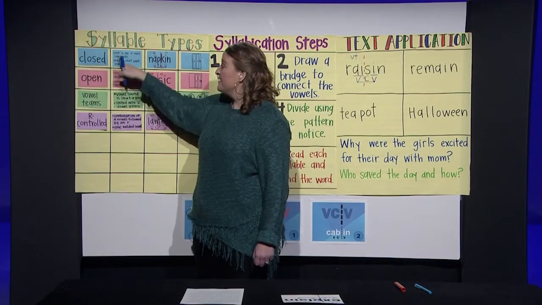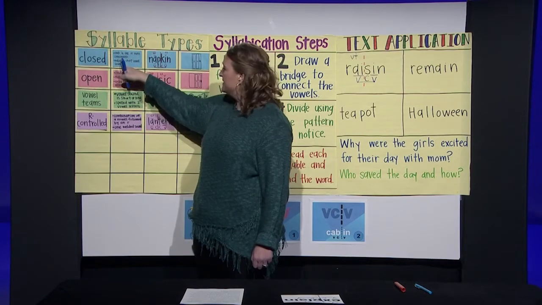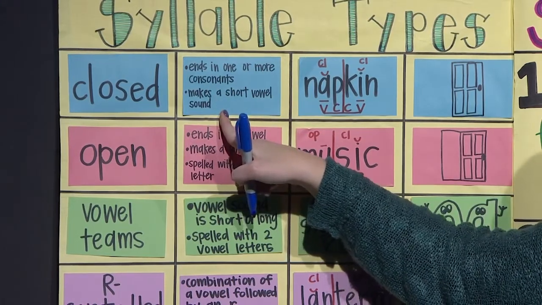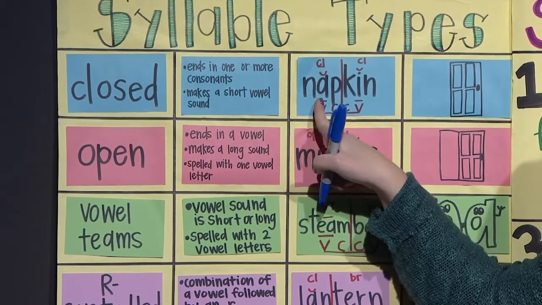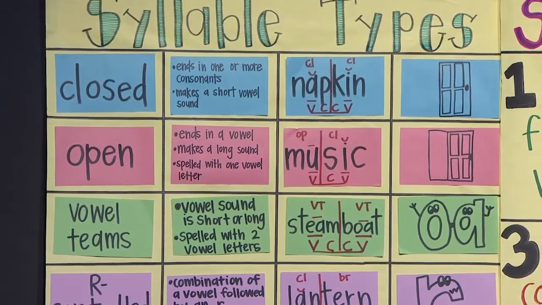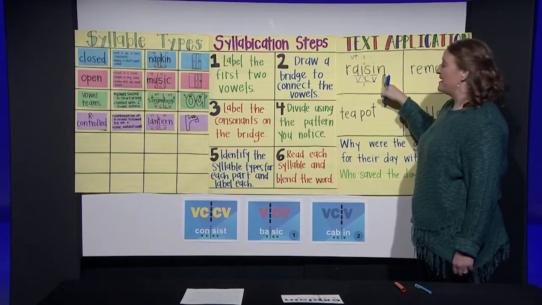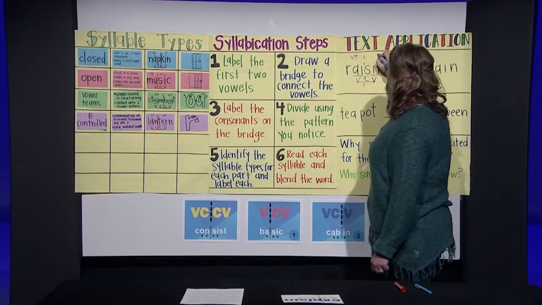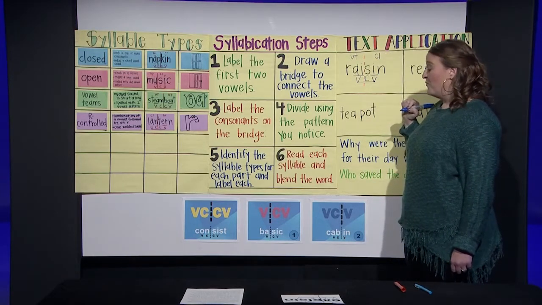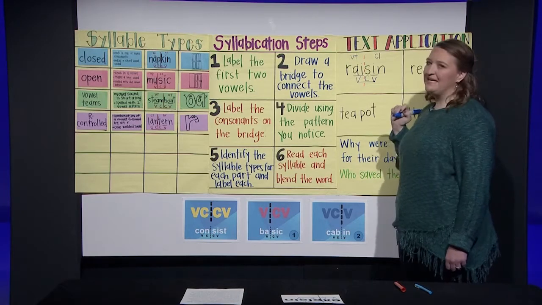Closed syllables end in one or more consonants. So if it ends in one or more consonants, it makes a short vowel sound. Just like in this syllable, I have A followed by consonant P. So it's a closed syllable because I is followed by consonant N. So it's a closed syllable. So that will say i. We're ready to read each syllable and blend the word.